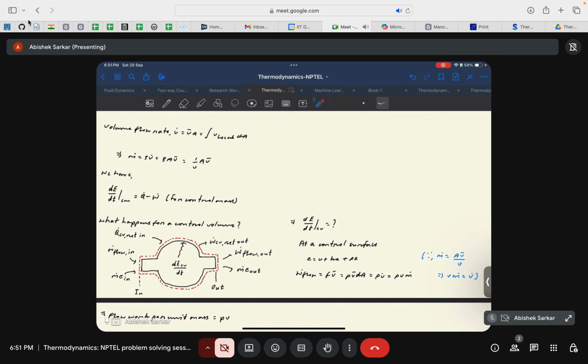So that's our task. Again, I will not go into the derivation, but let us go through the steps and discuss the final form, or the complete form, of the energy equation for a flow system.